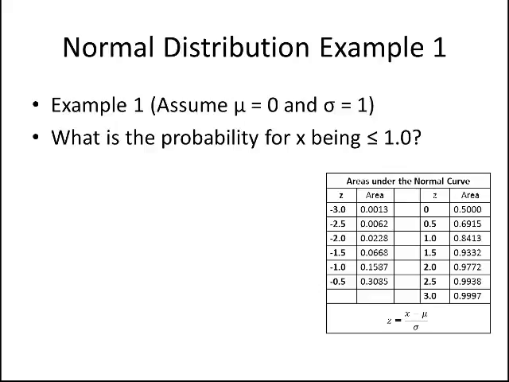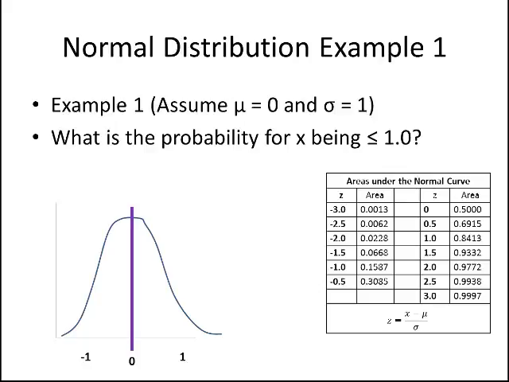So here we have our table, and we've got these different z values, and on the right side of the column next to the z values, the area under the curve. So let's think about this in terms of our equation and our distribution. Here we have our normal distribution, and we said we've got a mean of 0 and a standard deviation of 1.